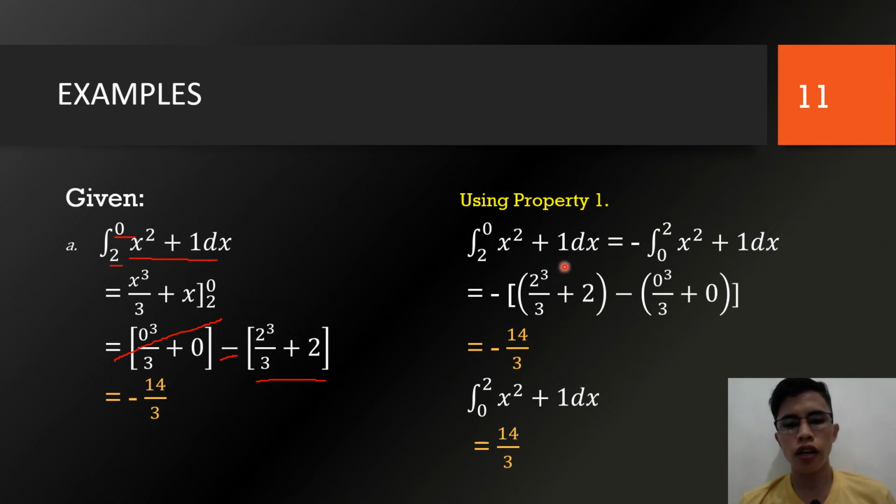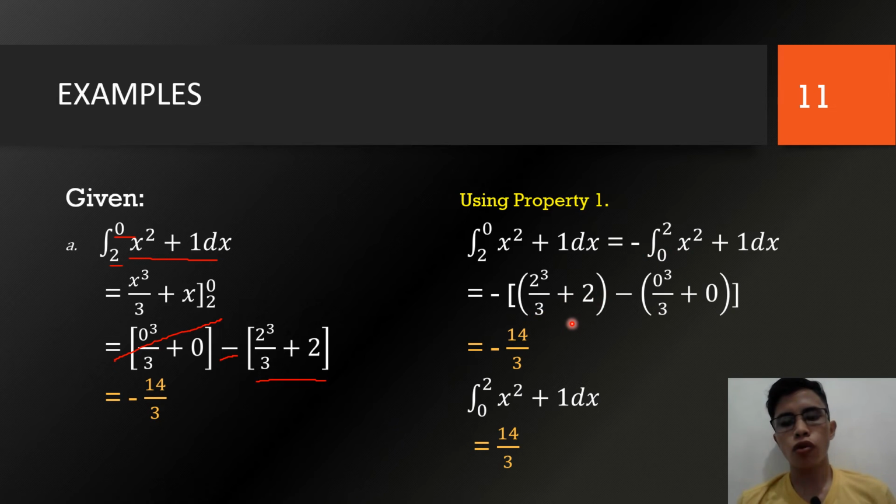So, substituting, kasi negative na siya, ilalabas natin yung negative, so dito na siya. Then, okay, next, ang upper limit na natin is 2, kasi siya, ginreciprocal na natin. Then, we're going to substitute the value of 2.